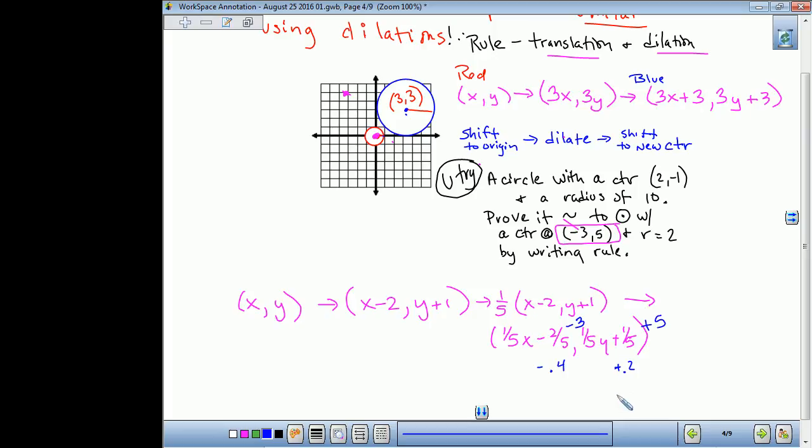I will allow you to use fractions and decimals interchangeably if it is a terminating decimal. So 1/5 x, -0.4 and -3 is -3.4. And then 1/5 y, and 5 plus 0.2 is 5.2.